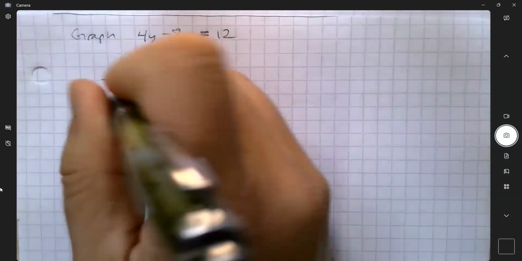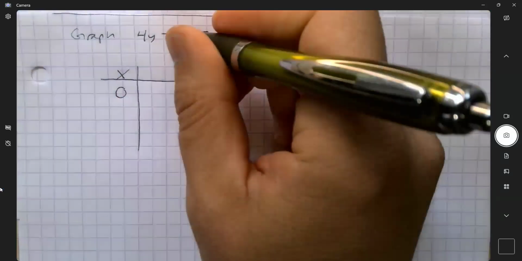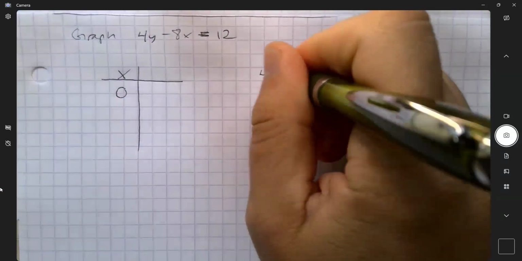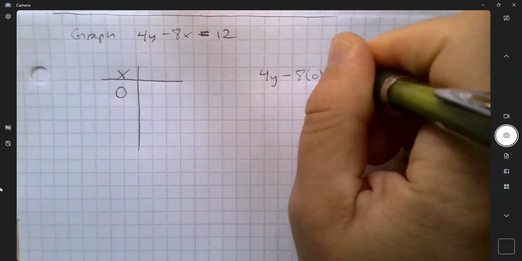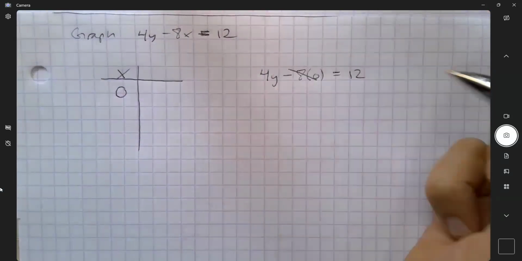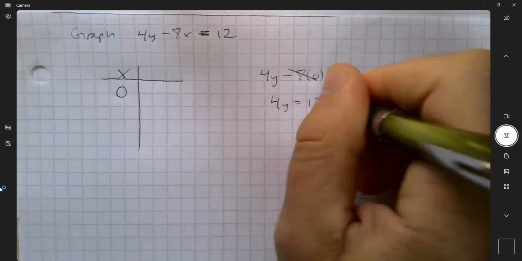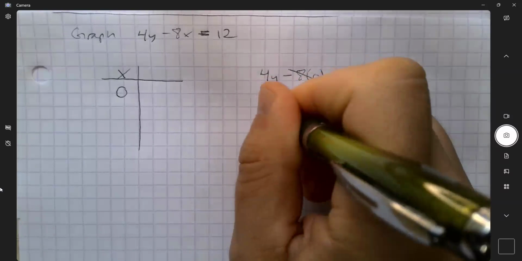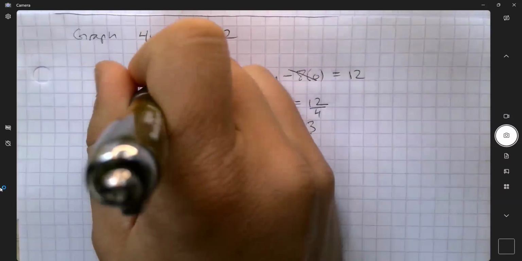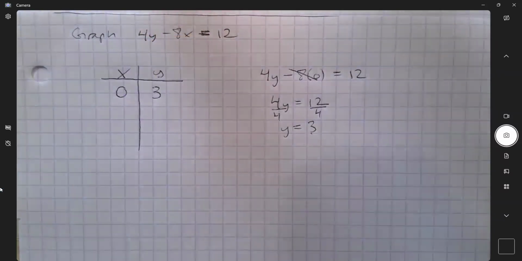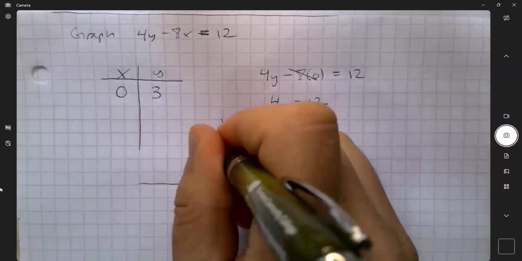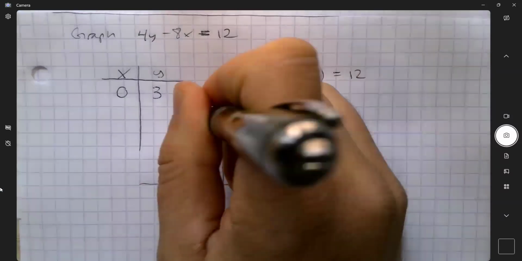So I'm going to try x equals 0 because that's really easy to do that arithmetic compared to other numbers I could pick. So if x equals 0, I have 4y minus 8 times 0 equals 12. Well, the 8 times 0 goes away. I'm left with 4y equals 12, or y, dividing both sides by 4, I get y equals 3. So when x is 0, y is 3. Notice that's exactly the y-intercept. Right there. X is 0, y is 3.